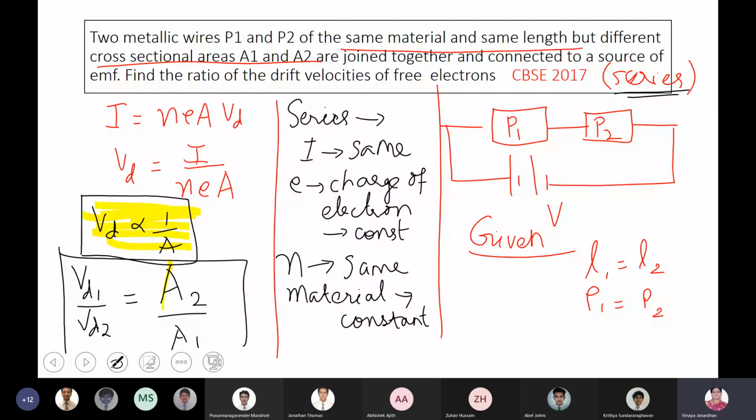Should I do that method and show you? Sure. Okay. Shall I erase this part? One second, boys. I'll just show you.